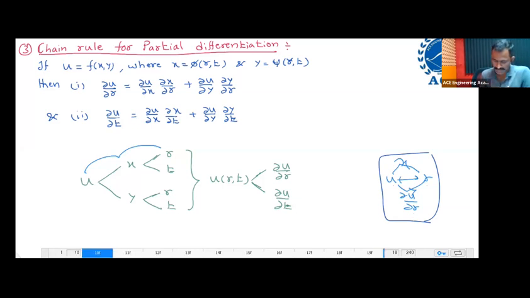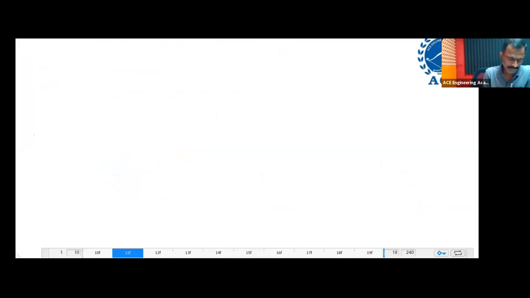We go to next page, 11f. Fourth one. Implicit differentiation.